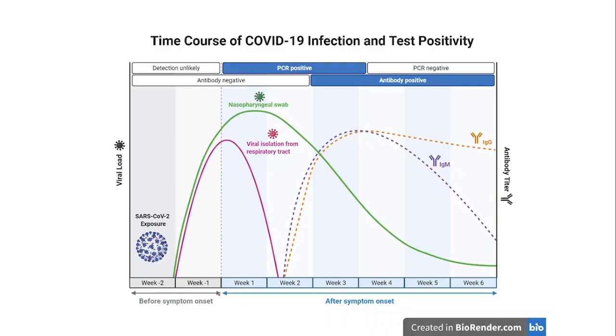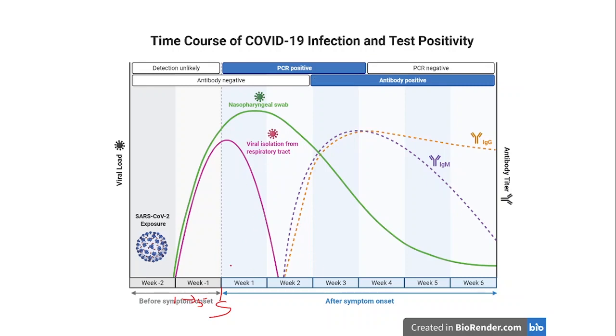So when can we detect these viruses in our body? Suppose this is the time point when we show symptoms. Usually it takes 1 to 5 days to show symptoms after infection of coronavirus, and after showing symptoms we can detect using the PCR test or antigen test.